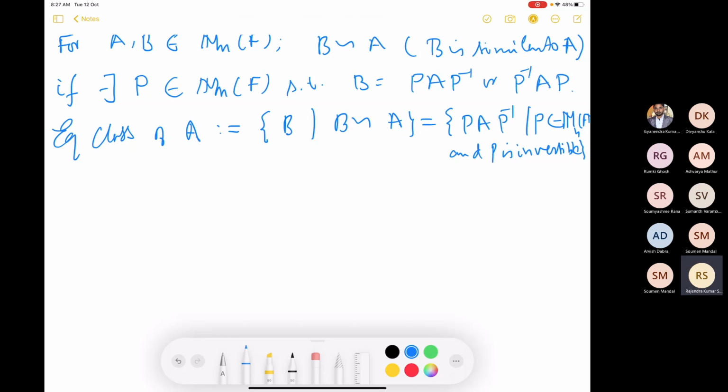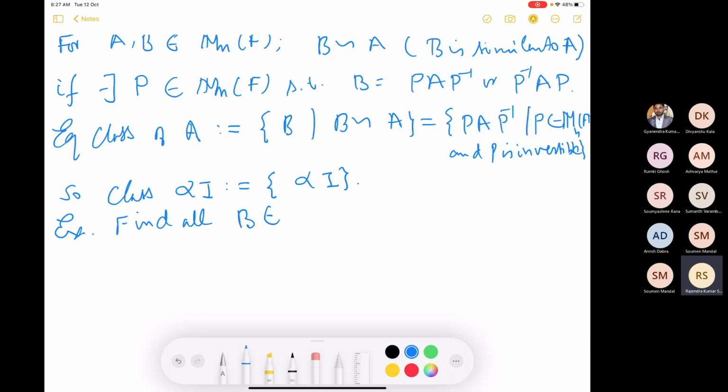So once again, you can verify that the class of the scalar matrix alpha I is the same as alpha I.